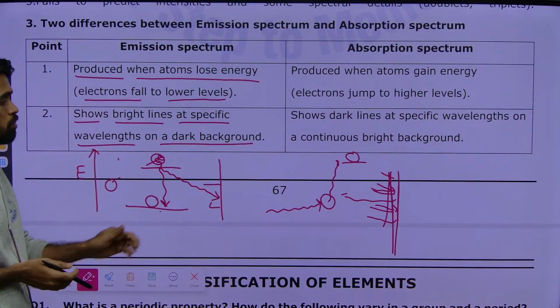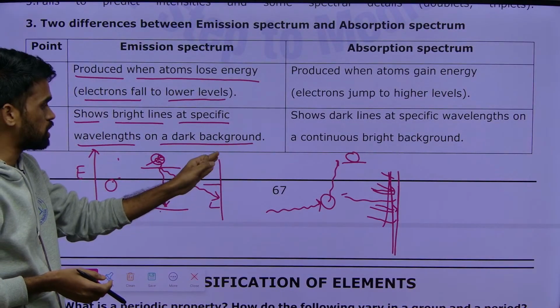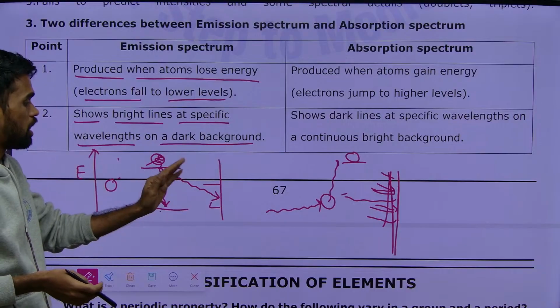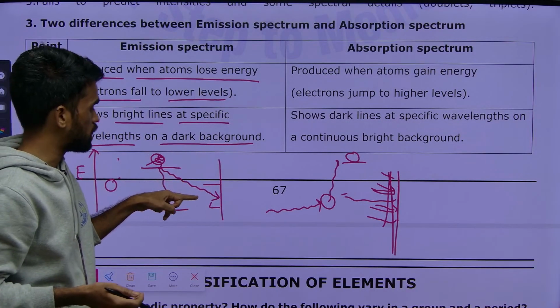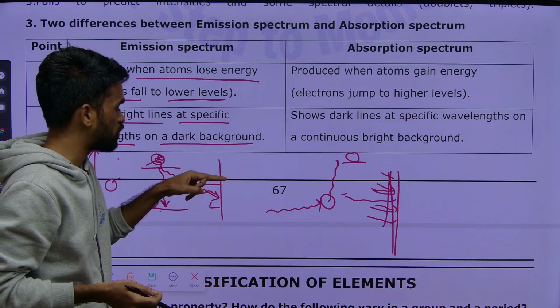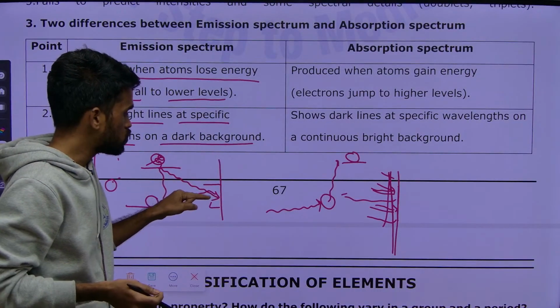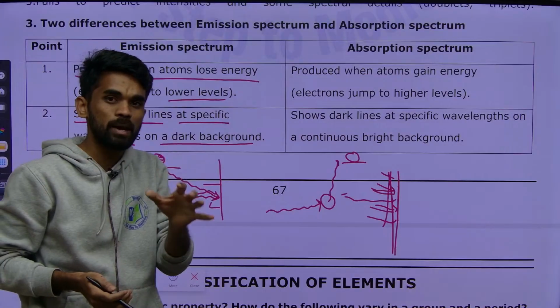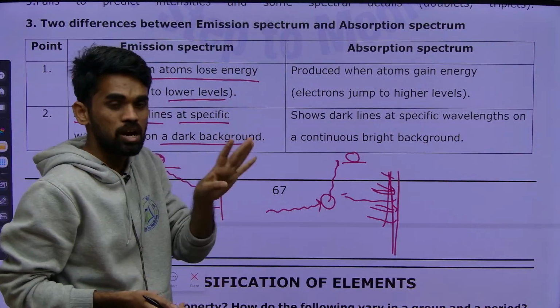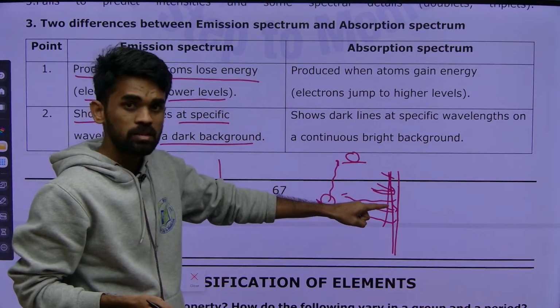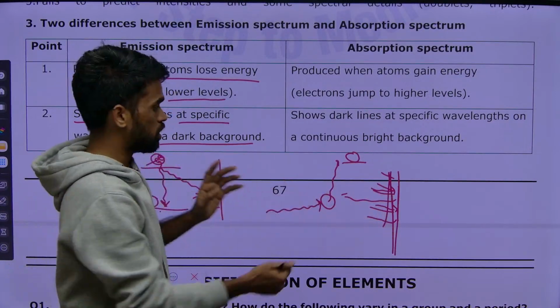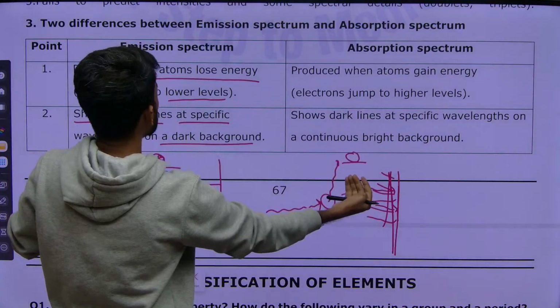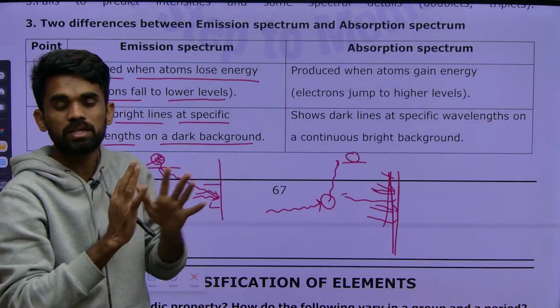Because there is no other light, this photographic plate is dark, on which a bright line will fall that has a suitable frequency or wavelength. So only that line appears bright, and everything else is dark. But in absorption, the missing lines will be dark and everything else is bright. So absorption spectrum and emission spectrum are complementary to each other.